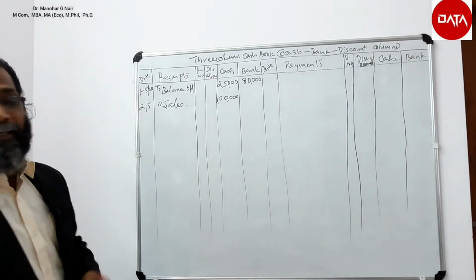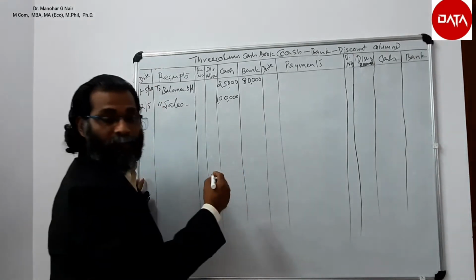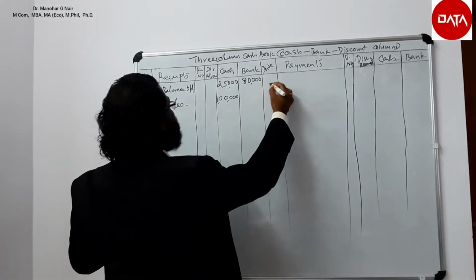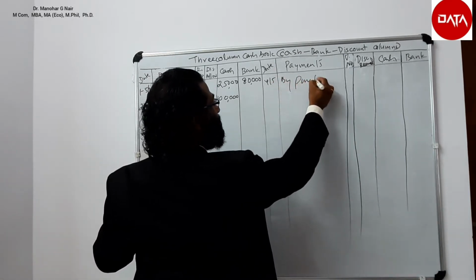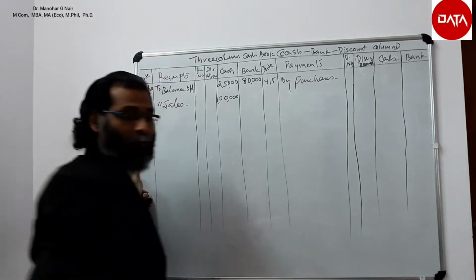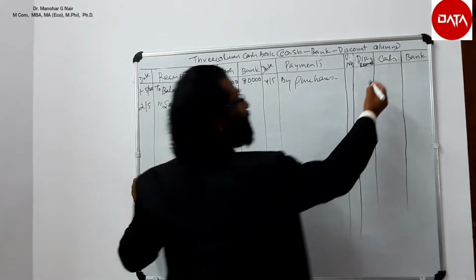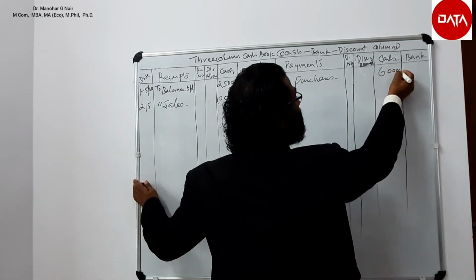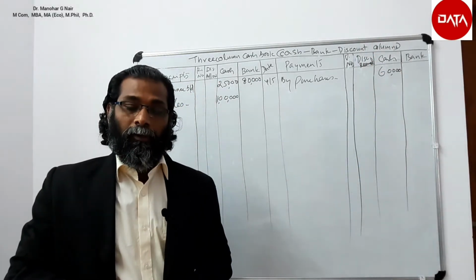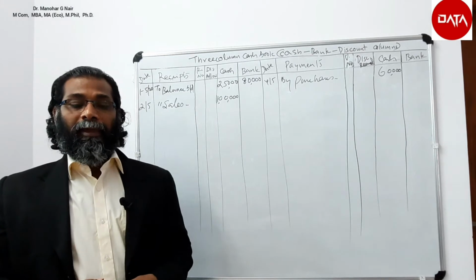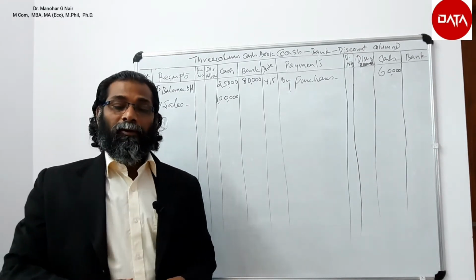Now cash purchases. So date is on 4th May, by purchases, amount 60,000 in the cash column, payment side. Now on 6th May, paid into bank rupees 10,000.